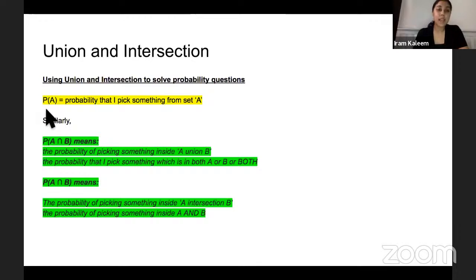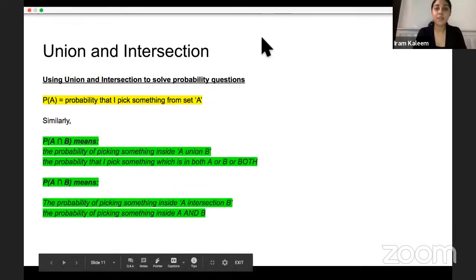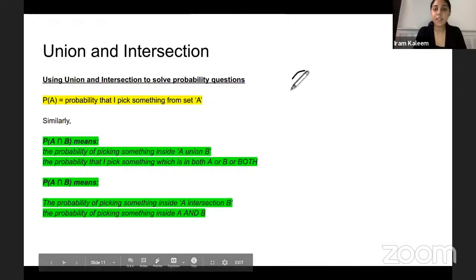Remember how we said that if we wanted to use the term, the probability of an event A occurring, we say that it's P of A, right? When it comes to Venn diagrams, we say the term P of A means the probability that I pick something from set A.